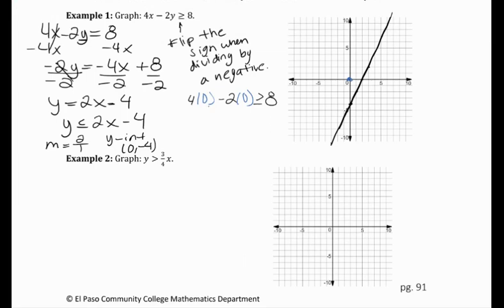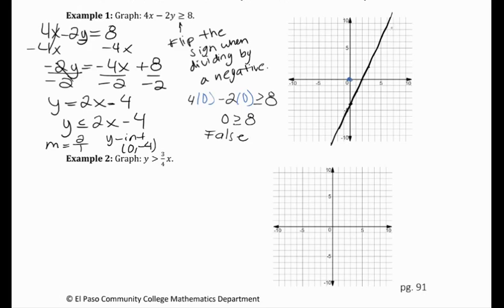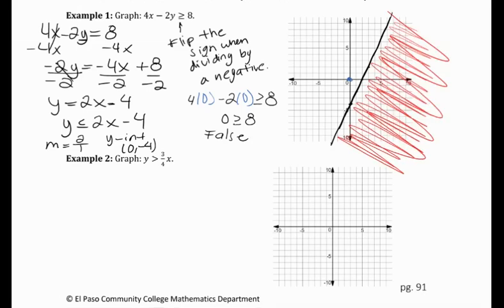So 4 times 0 is 0, minus 2 times 0, so 0 is greater than or equal to 8. This is false. Therefore, we're going to shade on the other half plane. So we're going to shade over here. Okay, so again, this is a test point, 0, 0.